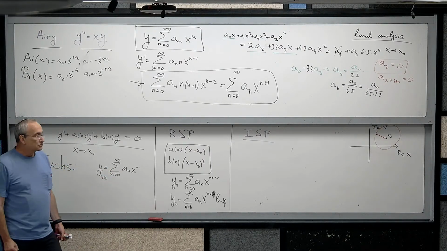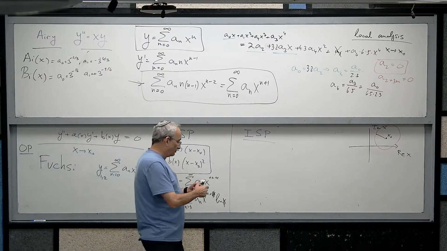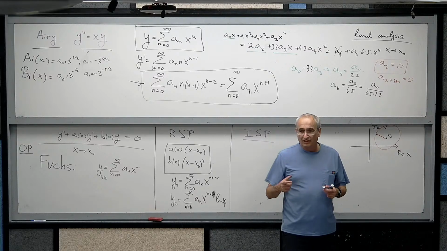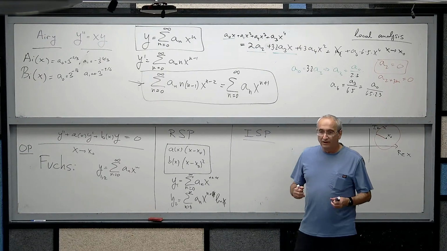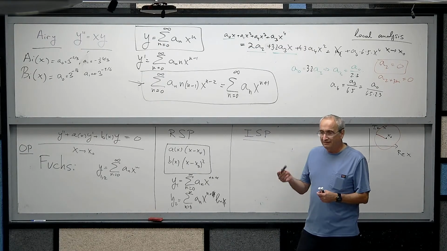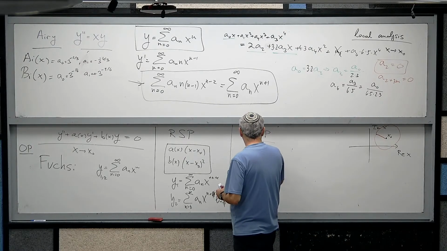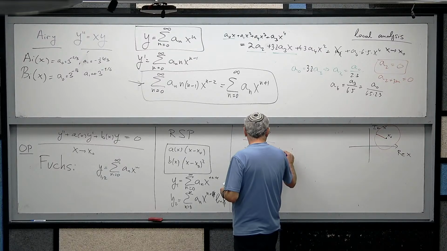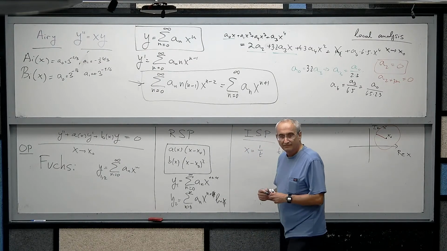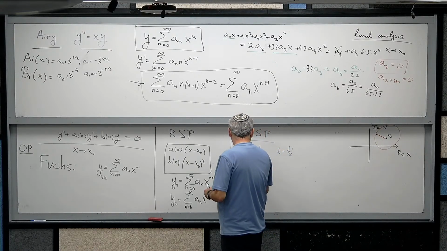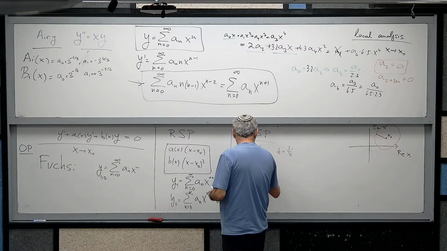Right? So to analyze the behavior of the function when x goes to infinity, we have to make a change of variables. We will define x as 1 over t, so t is 1 over x. Okay? And therefore d dx is d dt times dt dx.